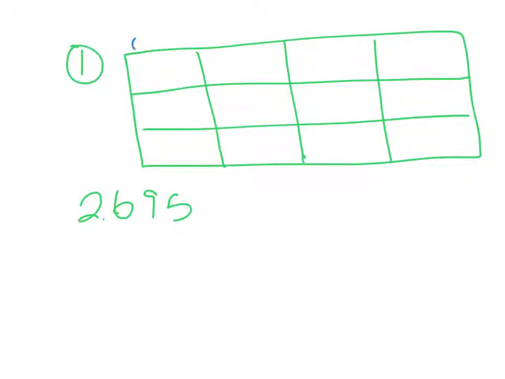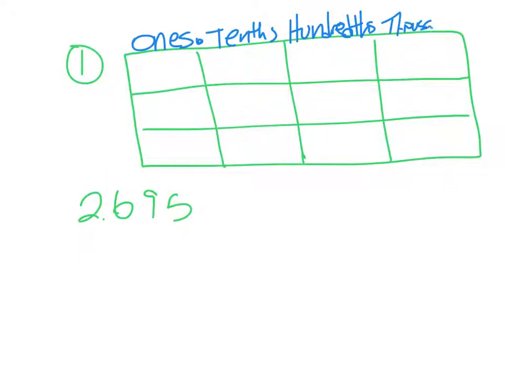Okay, this is what place value up here? Ones. And then we have our decimal. And then what's the next place value? Tenths. And then? And the last one? Almost ran out of room.